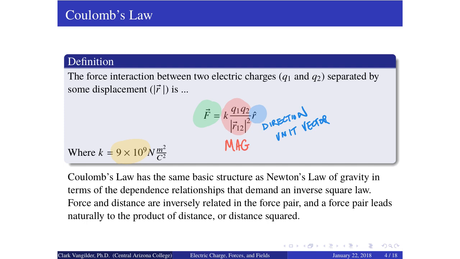The strong nuclear force is bigger, but electricity is a big deal, especially if you've ever felt it. I do want to point out that Coulomb's law has that same structure as Newton's law of gravity in that inverse square business. So Newton's law of gravity and Coulomb's law for electricity are kind of a big deal. It's interesting that two of the main forces in the universe have this structure. They do.